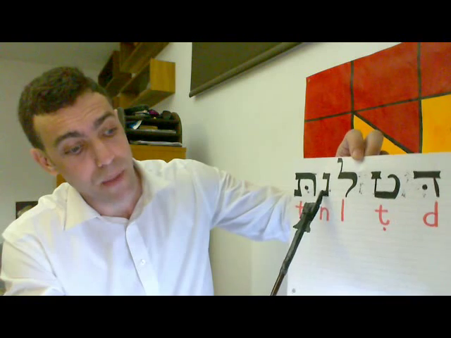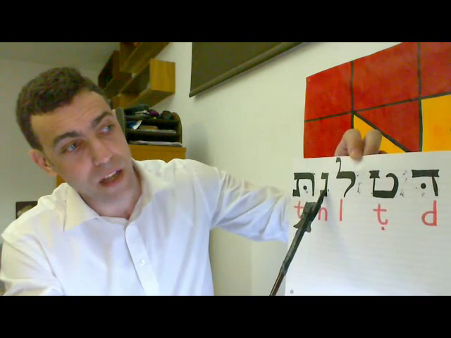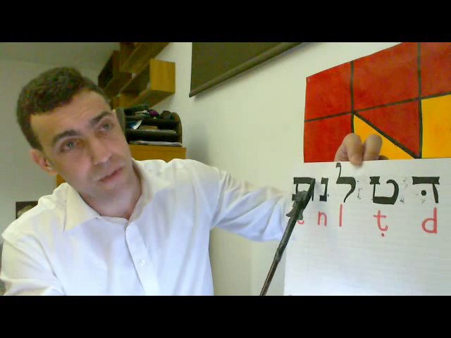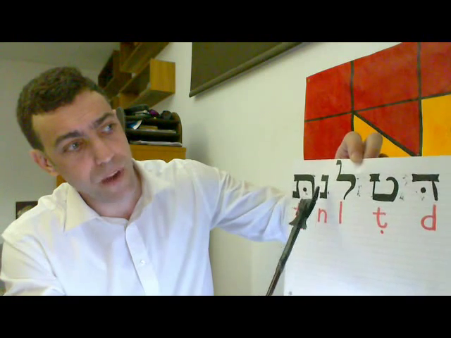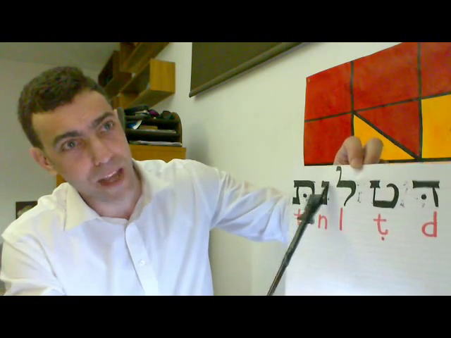Minimize them, because there's another letter that has a longer form, and it's very easy to get them confused. So keep it very short and very tight, like a bracket.